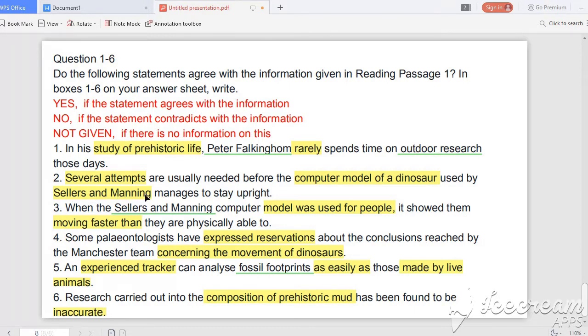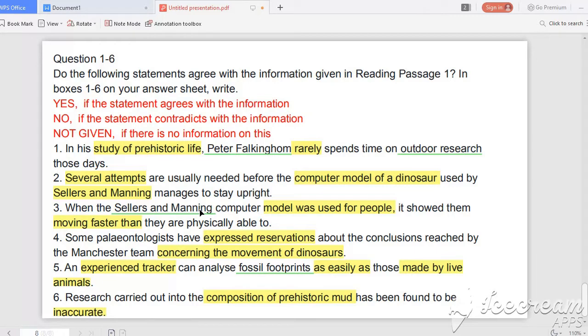So we should look for these words while finding the answers in the passage. Other keywords are computer model of a dinosaur. We should highlight that keyword too. Apart from it, the qualifying word here is several attempts. Several means many attempts.